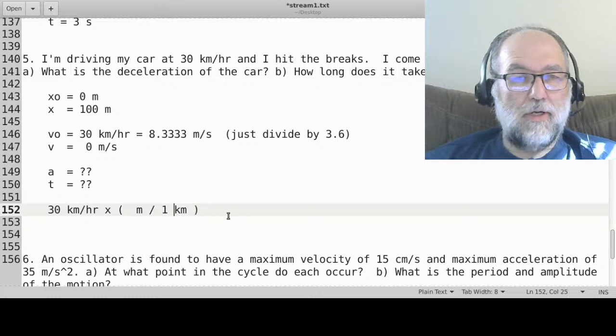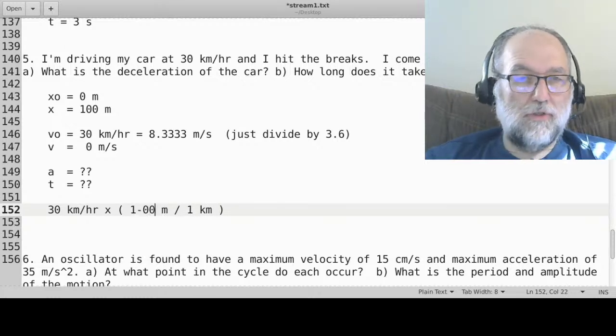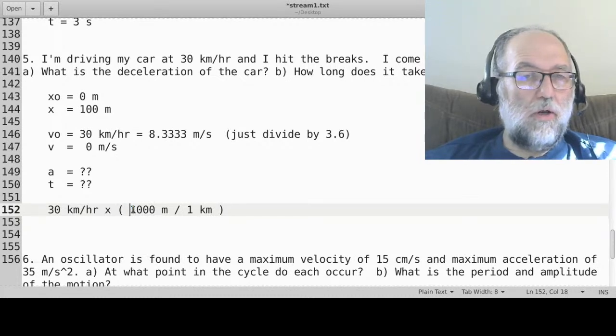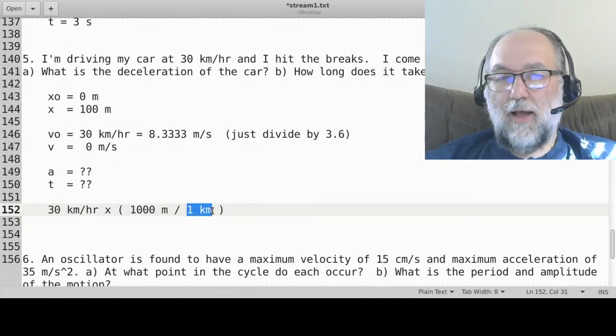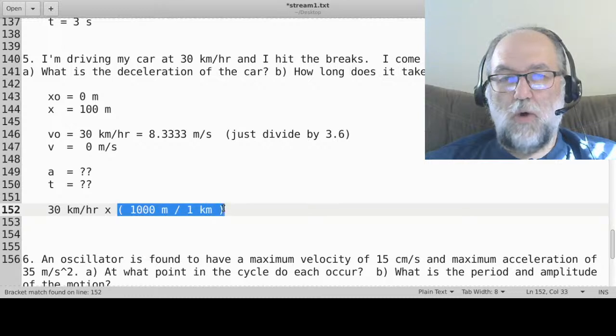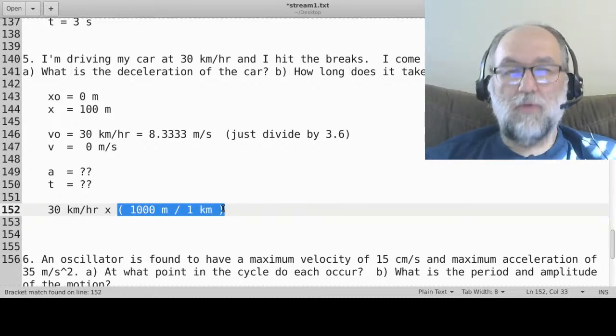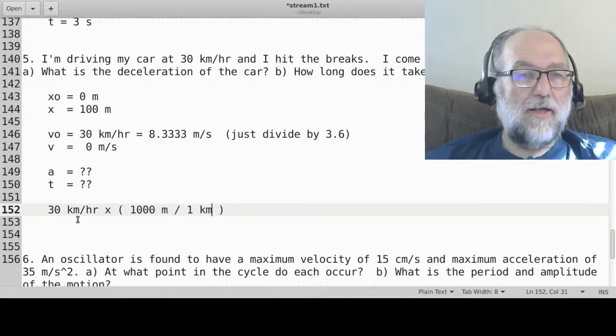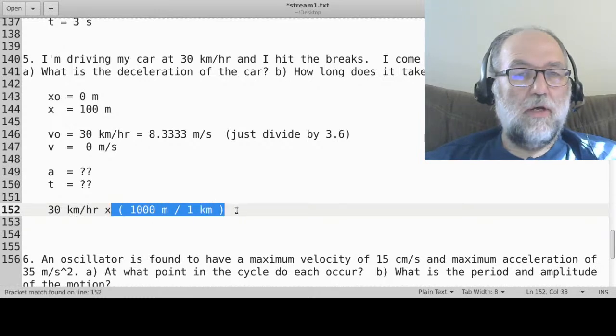Well, 1 kilometer is 1,000 meters, so this entire fraction is 1. You can always multiply by 1 without changing a value. The effect of this fraction is to eliminate the kilometers, because they cancel out, and replace them with meters.